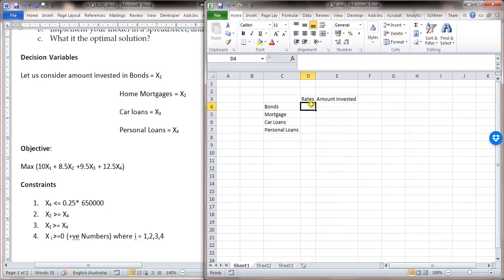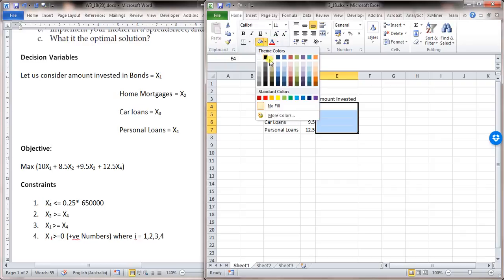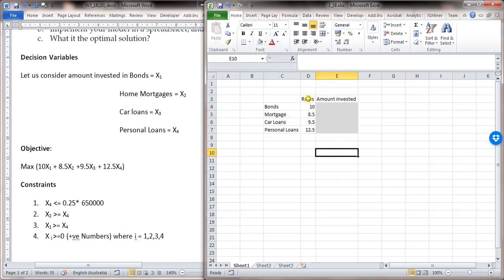The rates are fixed: 10%, 8.5%, 9.5%, and 12.5%. And the amount invested is our decision variable, so let's make it gray.